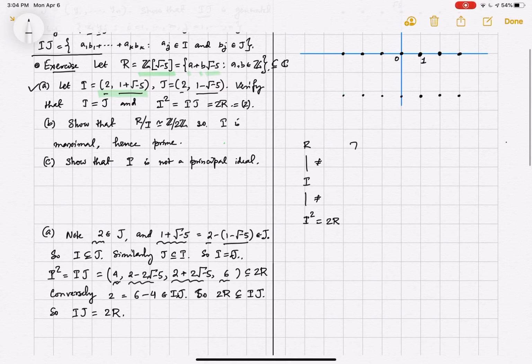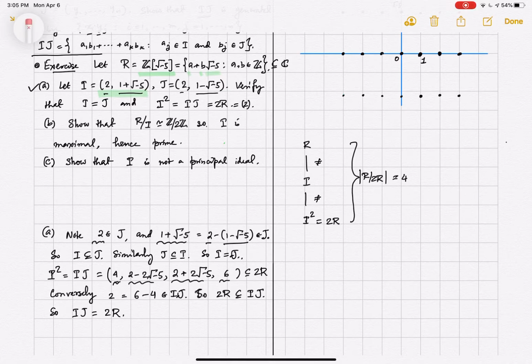On the other hand, you show that this quotient, which is just R mod 2R, has size 4. That's basically because R as an additive group is just Z squared. So this is Z squared mod 2 Z squared, which is isomorphic to Z mod 2 cross Z mod 2 as an additive group, forgetting the multiplication, which certainly has size 4.